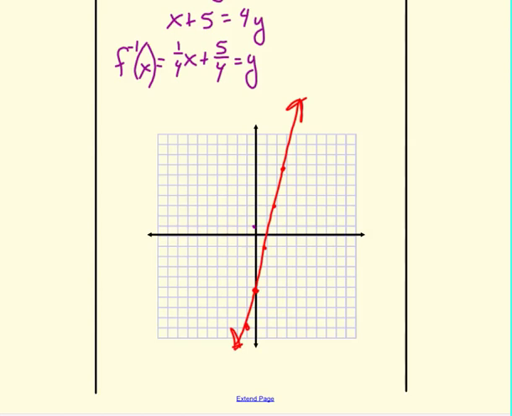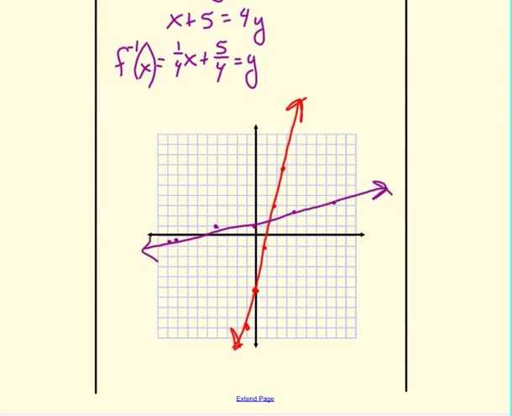My calibration's a bit off. And then our slope is 1/4, so we're going to rise 1, run 4. Or we can fall 1, run 4. Oh, that's way off. So something kind of like that.